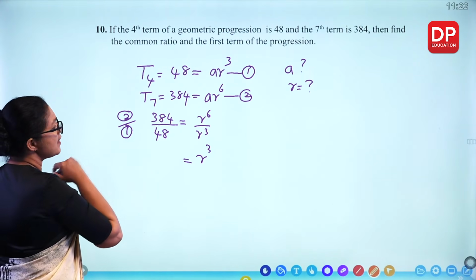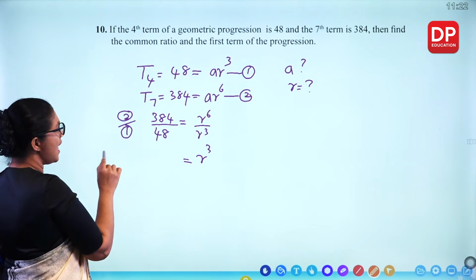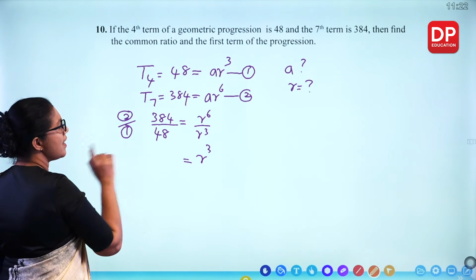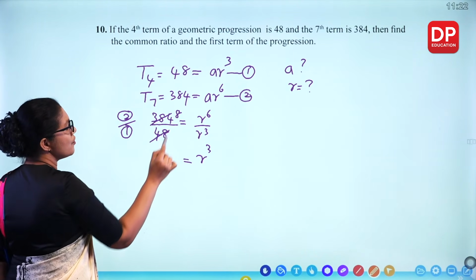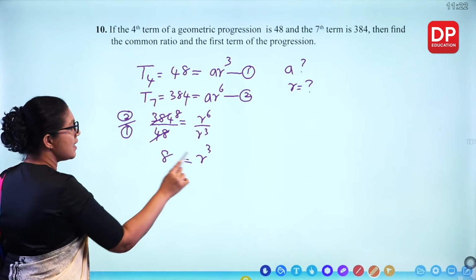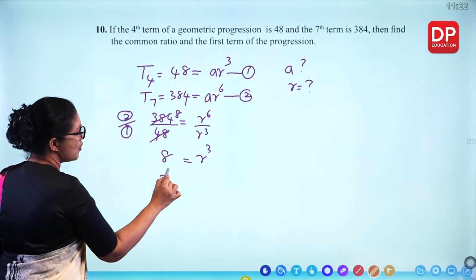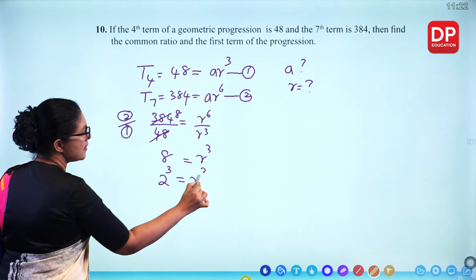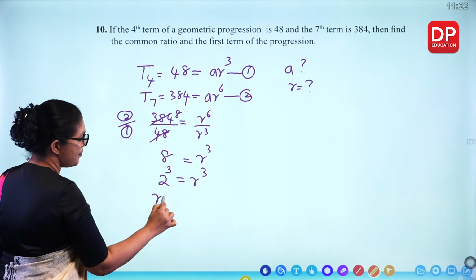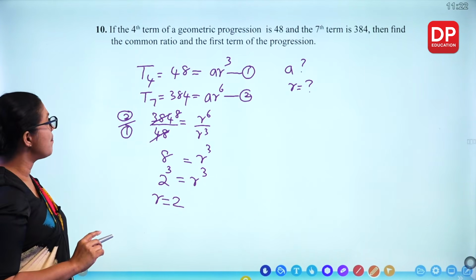When you simplify this, we see 48 times 8 is 384. So you get 8 is r to the power 3. This is odd power. You can straight away write 2 to the power 3 is r to the power 3. Then what's the r value? r value is 2 because you get the same power.